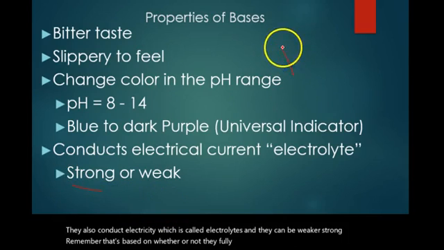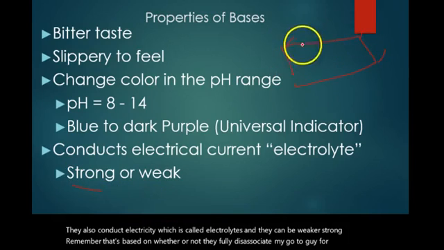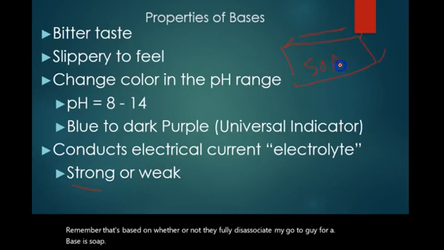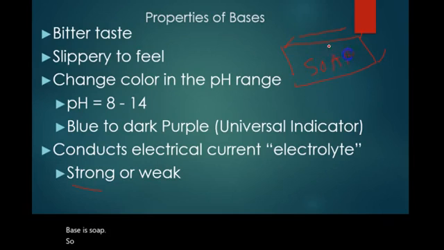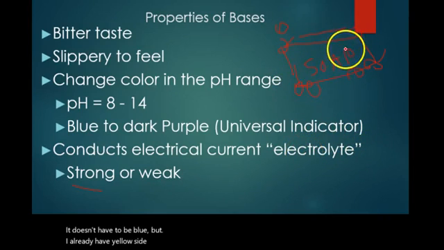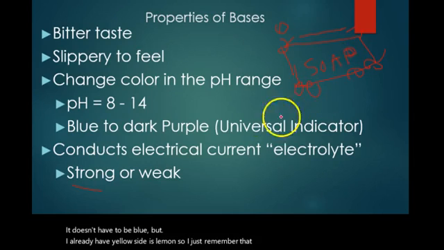My go-to guy for a base is soap. So soap is slippery to the feel, and it is bitter tasting, and it doesn't have to be blue, but I already have the yellow side as lemon, so I just remember that the soap is the bitter, slippery.